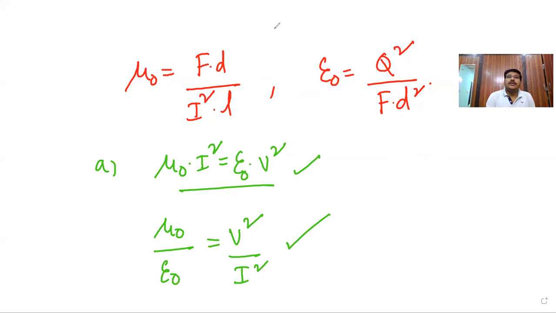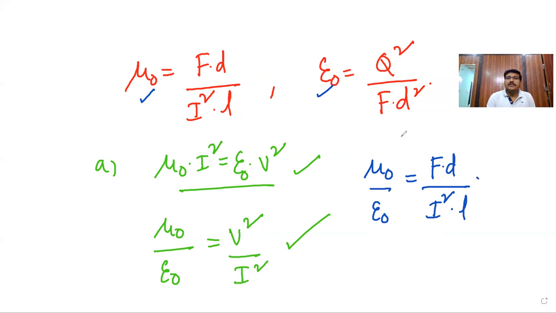Okay, now I am taking the ratios. Observe mu naught by epsilon. Mu naught is what? F into D by I square into length L. Epsilon, if I divide this by this, then this denominator goes up.